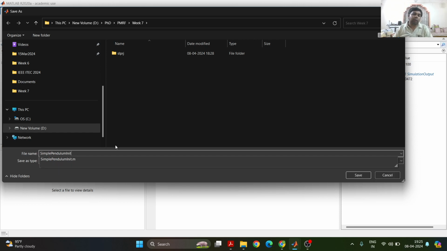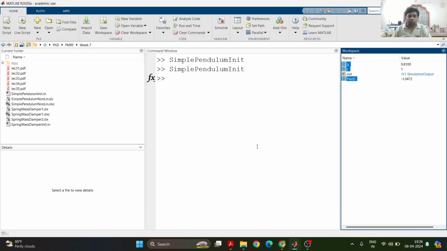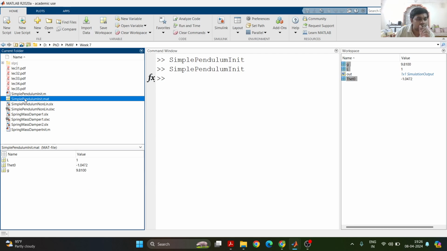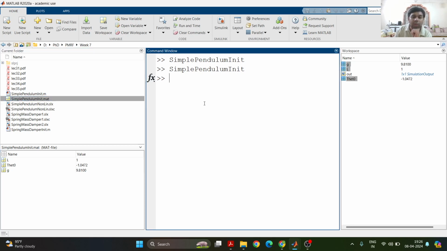Then we'll give the name as simple pendulum init .mat. So now we have created it, and you can see here on the left hand side this simple pendulum init.mat. That file contains the information of these variables.